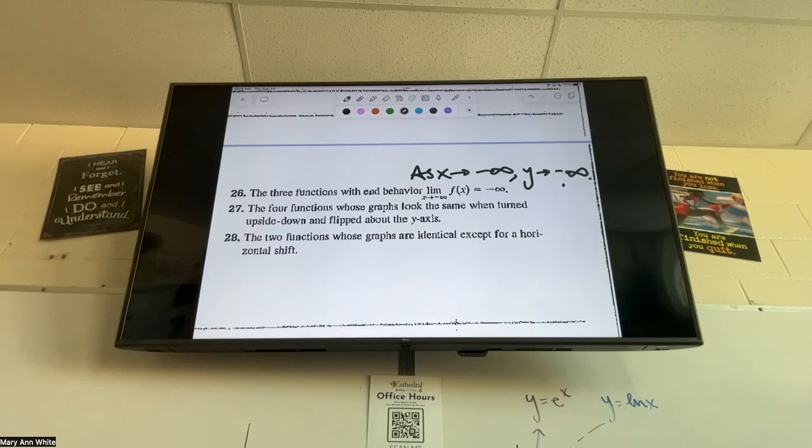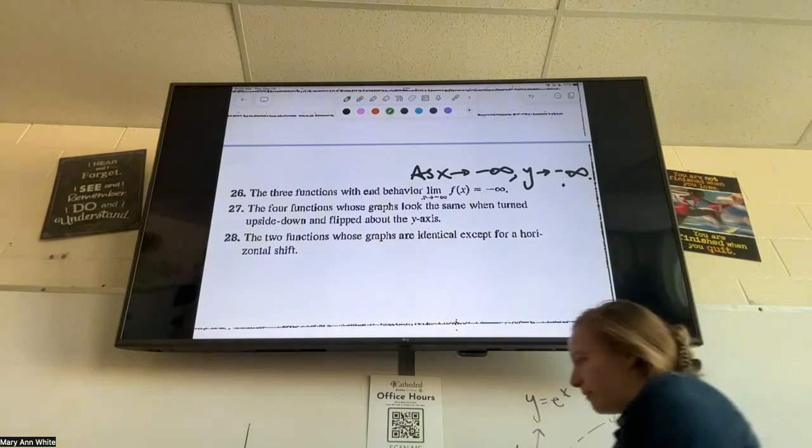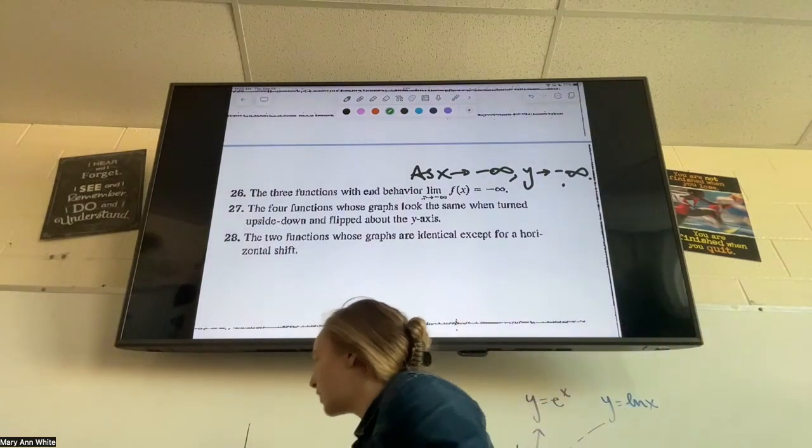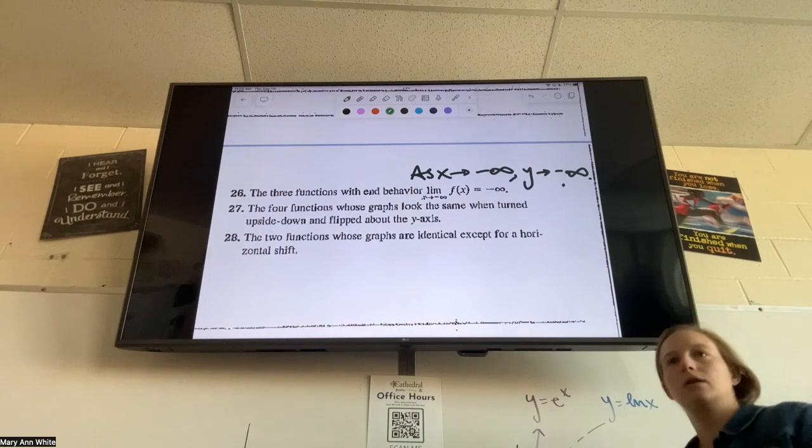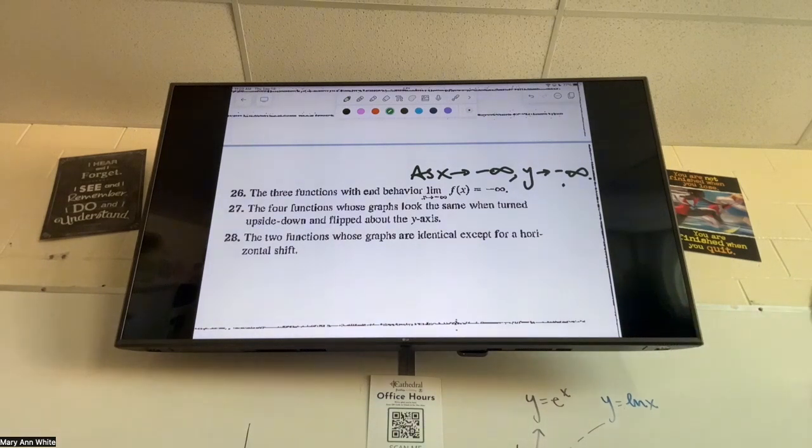That one goes towards 0. Which 3 have arrows, lines, etc. going in that general direction? Linear. What else? Cubic.